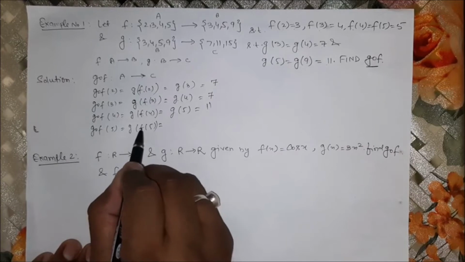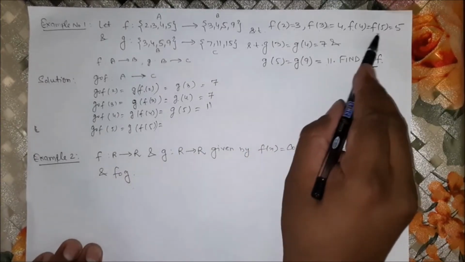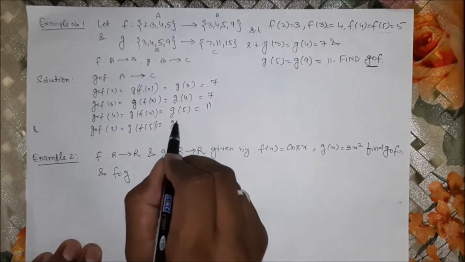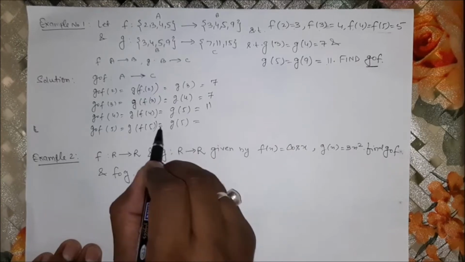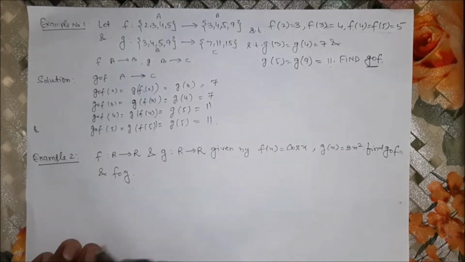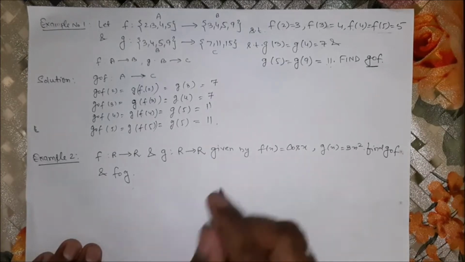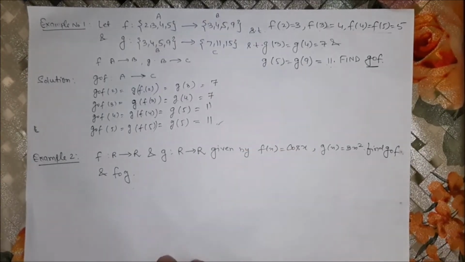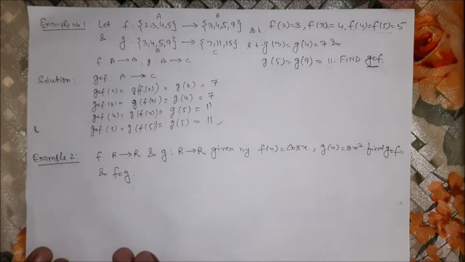Similarly, f of 5 is equal to 5, so put this value and g of 5 is again 11. In this way we will evaluate GOF. So if you are given functions f and g, then you can evaluate such a GOF.